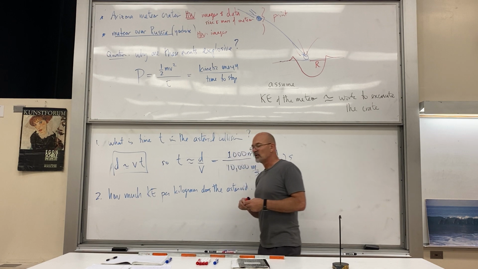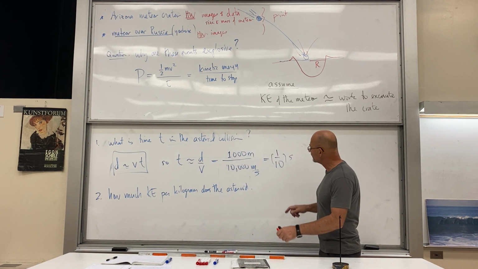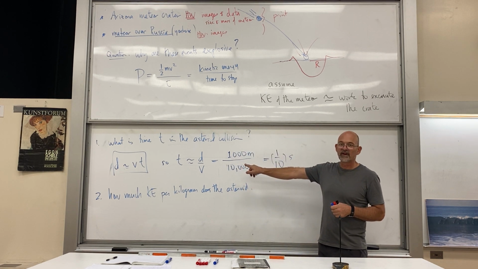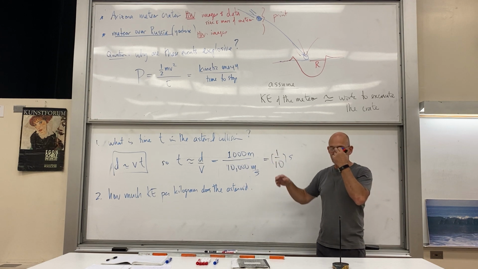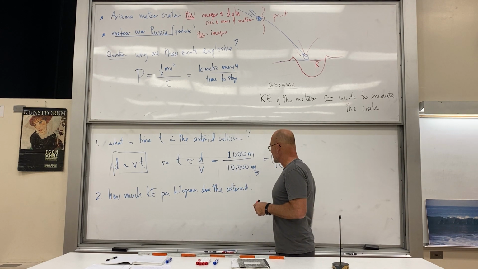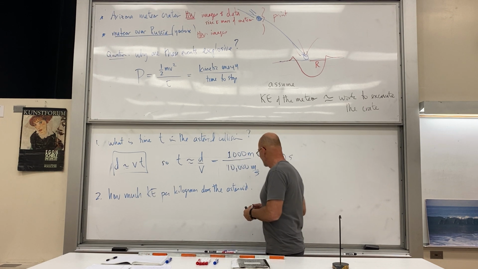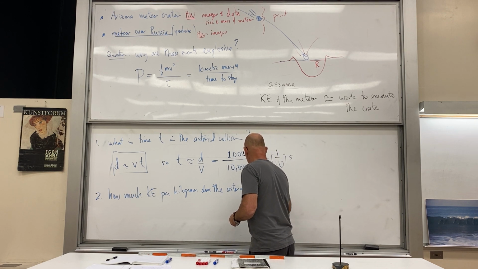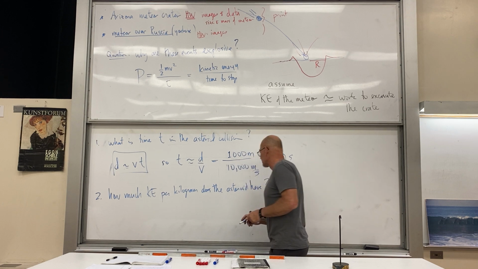Anything that falls to Earth is going to have this 10,000 meters per second if it came in from a great distance. It's called the escape speed. So how much kinetic energy per kilogram does the asteroid have?